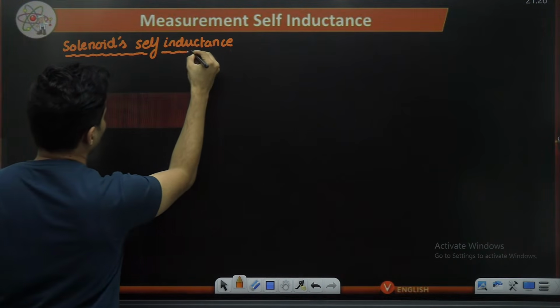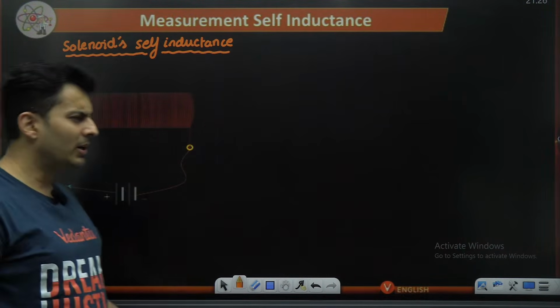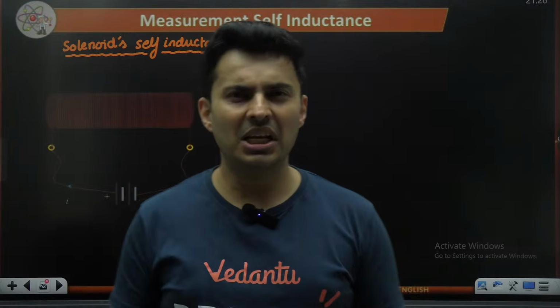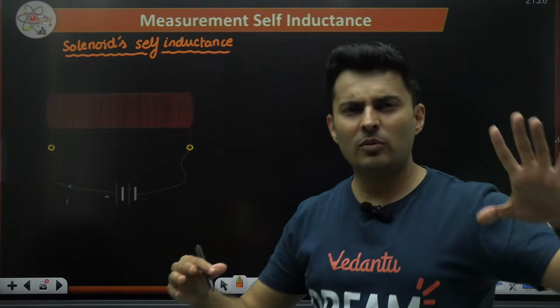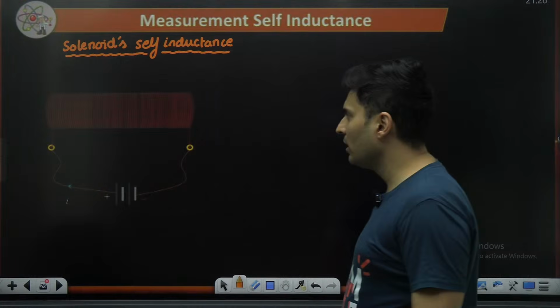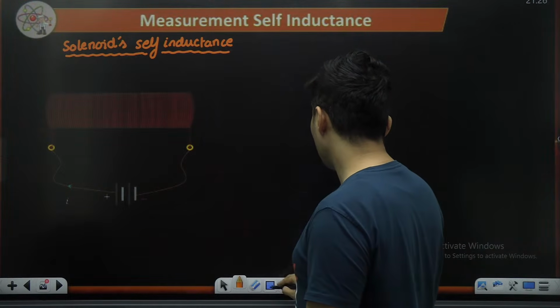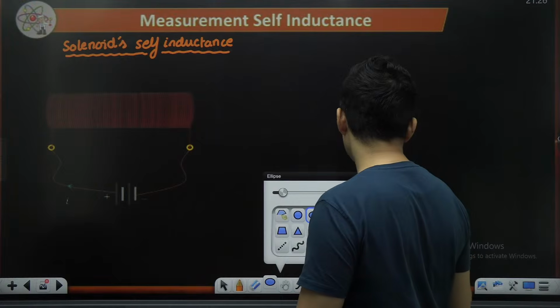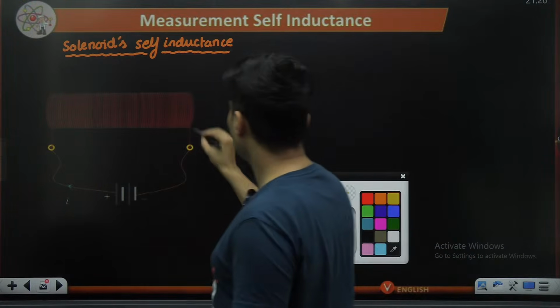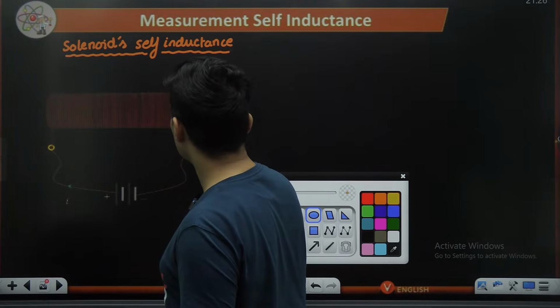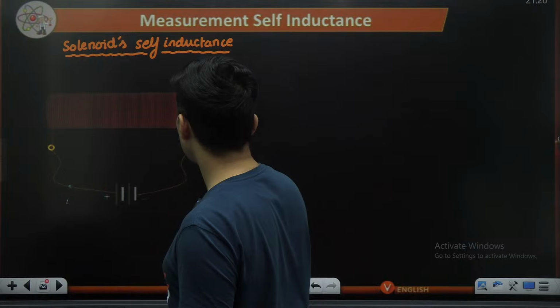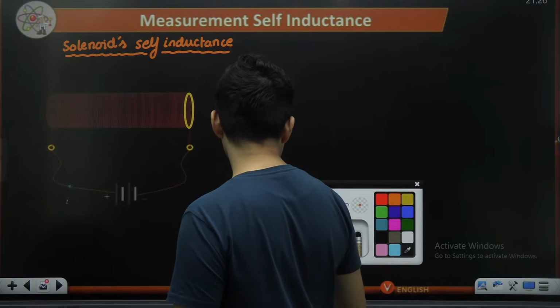All the properties are given: number of turns per unit length, length of the solenoid, area of cross section, and so on. Whatever you need is given to me.